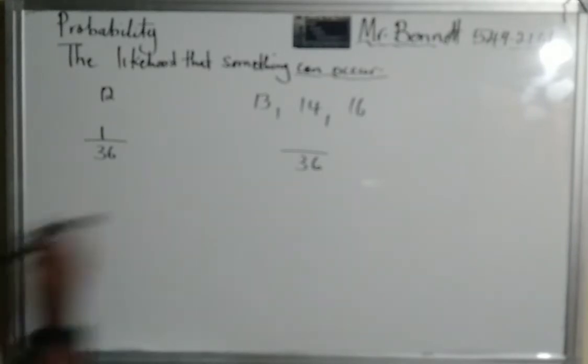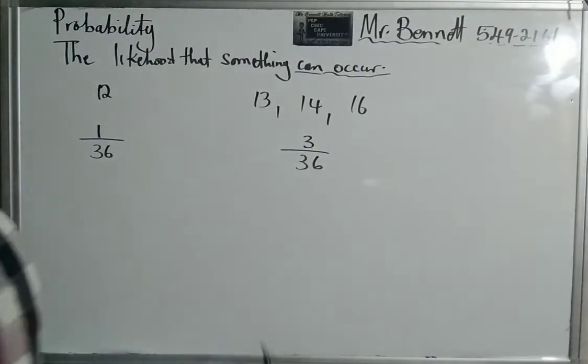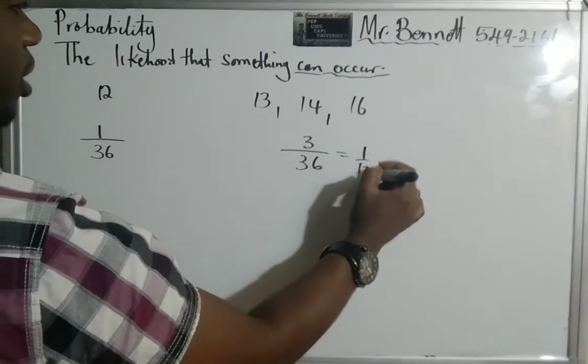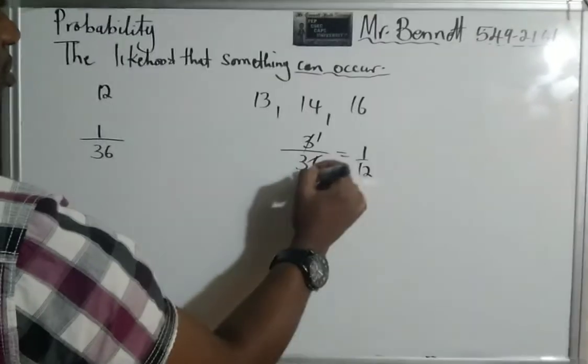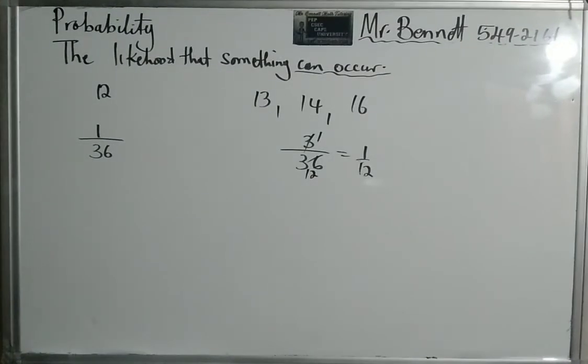While if somebody buys three numbers, they would have 3 out of 36, which can be broken down to 1 over 12, right? So that is what probability is. Probability is the likelihood that something can occur.